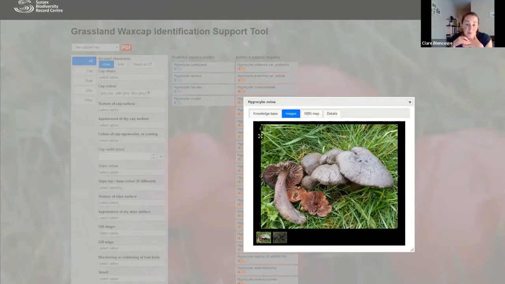And this was one of the most time-consuming elements of the project, because sourcing critically identified pictures is really tricky.